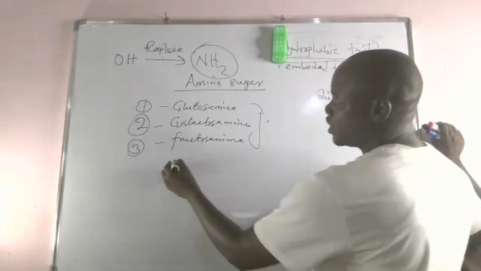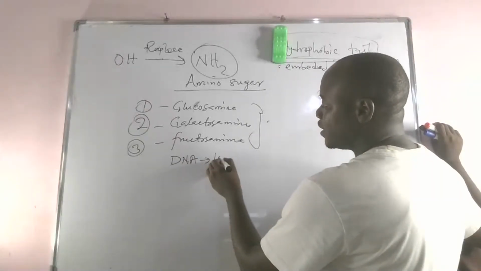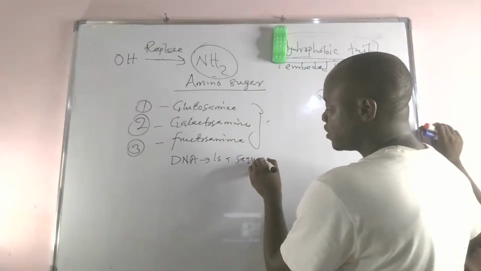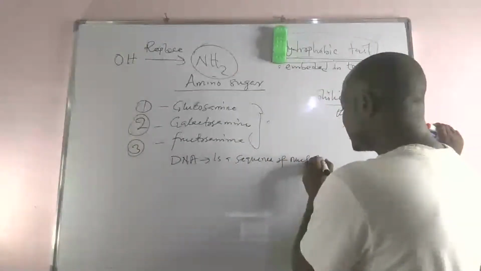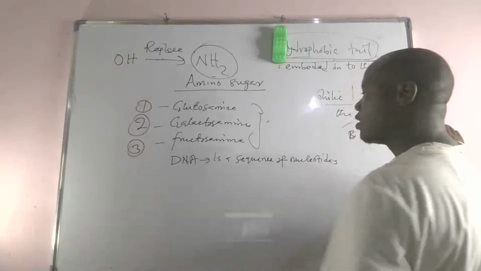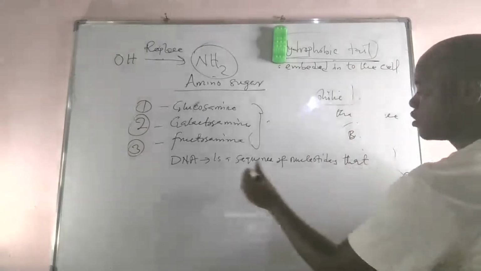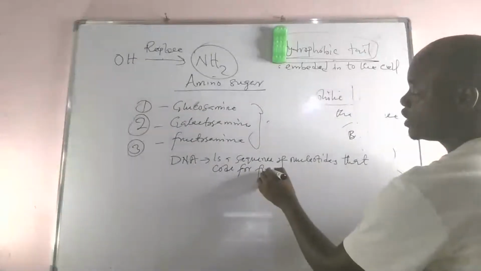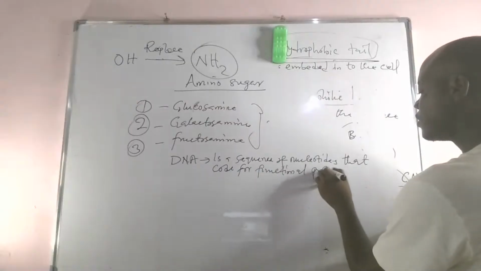So remember, what you are going to start with is that DNA is a sequence of nucleotides that code for functional proteins.